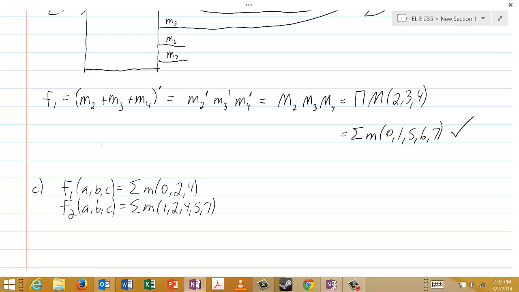Okay, I hope that you have concluded that for the function F1, which is M0 ORed with M2 ORed with M4, you should use a 3-input OR gate.